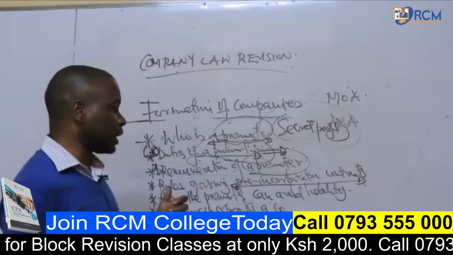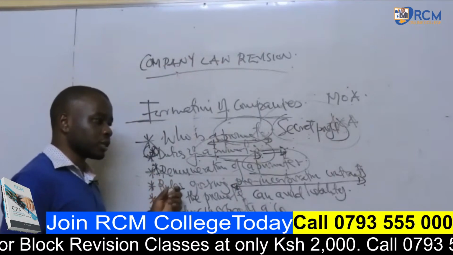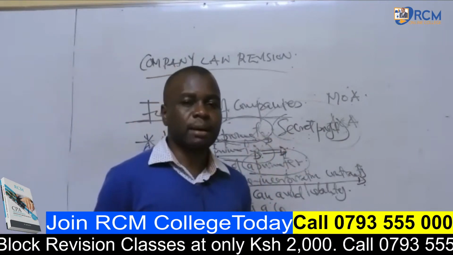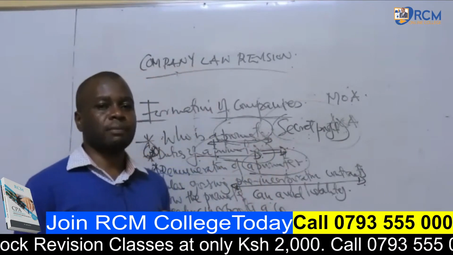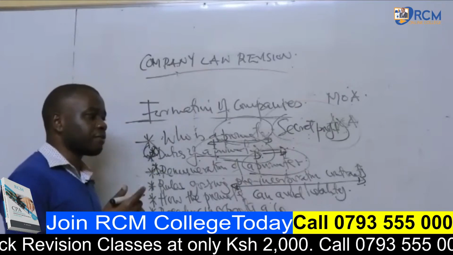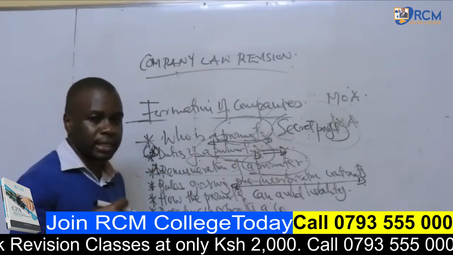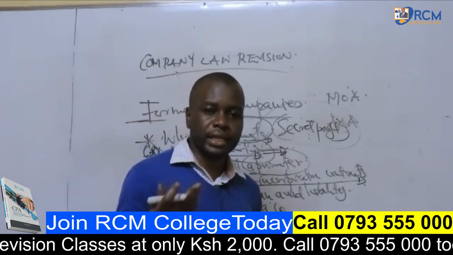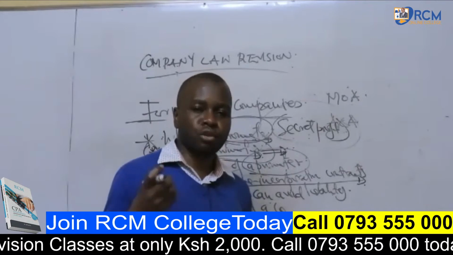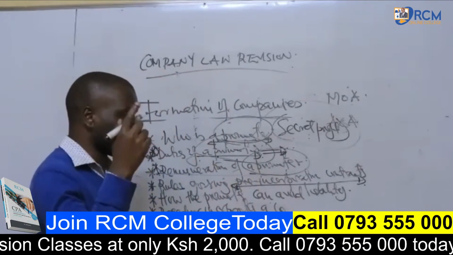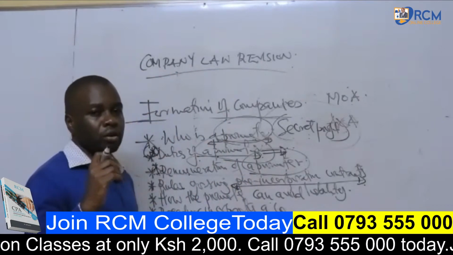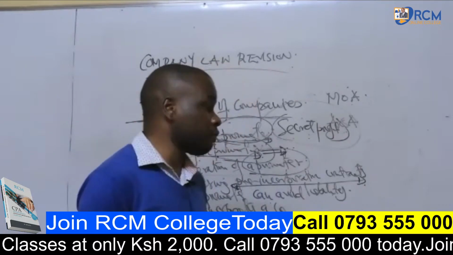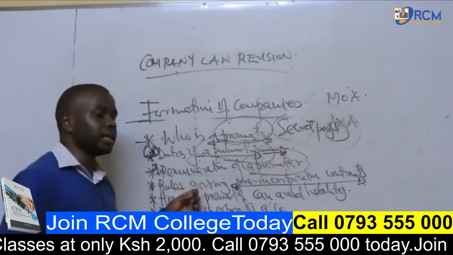For example, if a contract was agreed upon by the promoter and a third party on how payments should be made to that third party, and the company after incorporation renegotiates the terms of payment, maybe from monthly to fortnightly, it means a new contract has been formed between the third party and the company. So if the contract is renegotiated, this validates the contract and therefore the company can be held responsible.